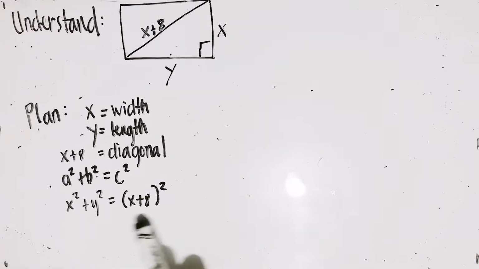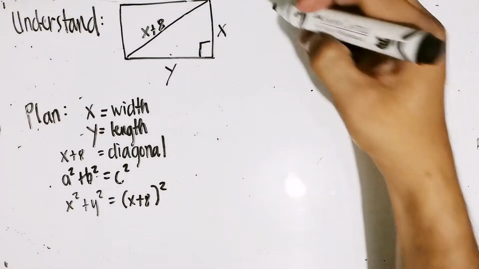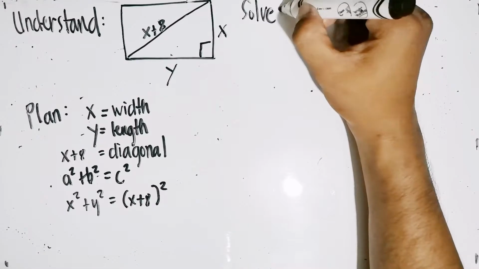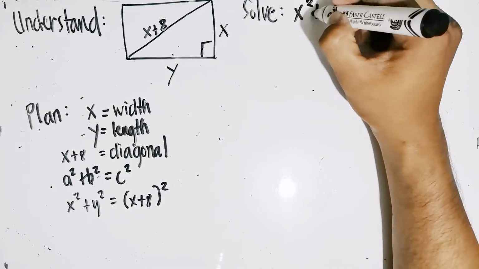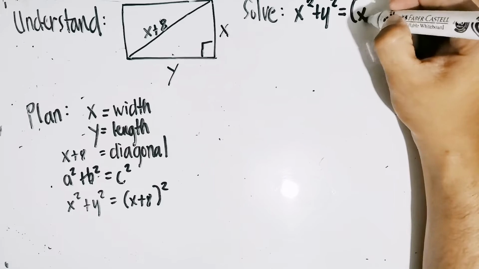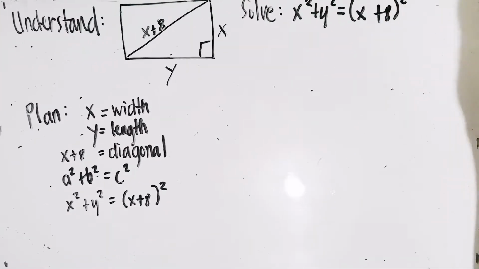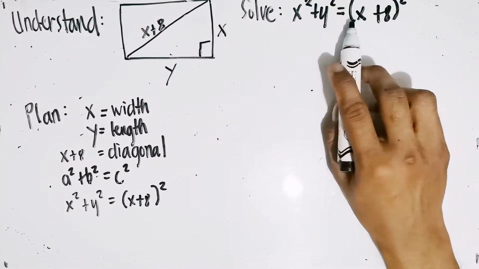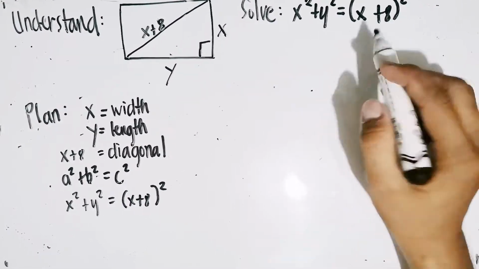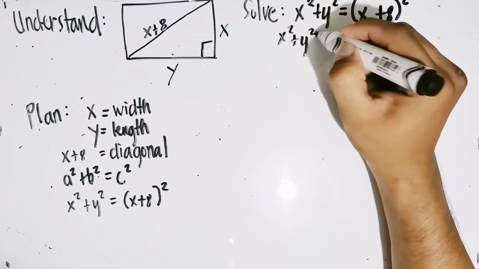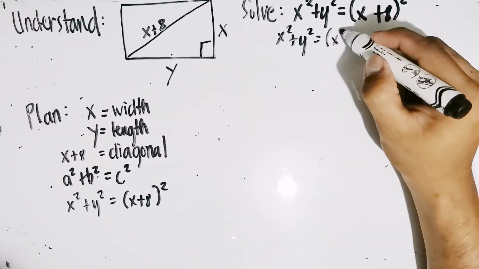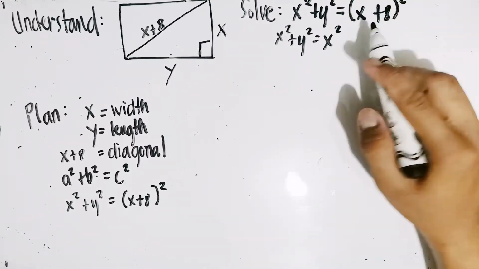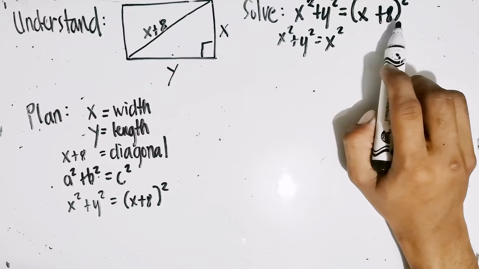Now that we have our formula, let's solve this one. So first, write our formula. We have x squared plus y squared is equal to x plus 8 squared. Now, let's solve this one. So, x squared, and for the middle term, you will just multiply x and 8.